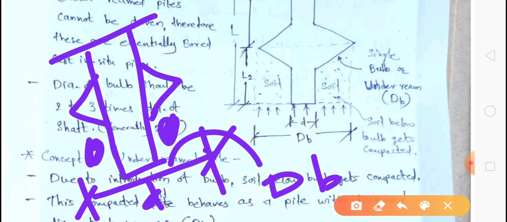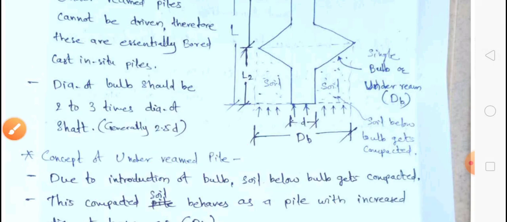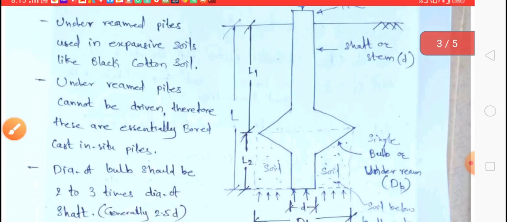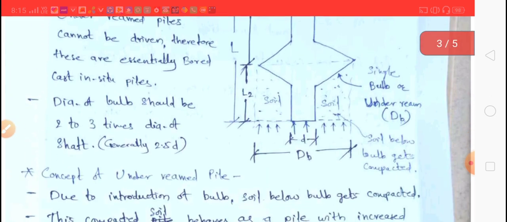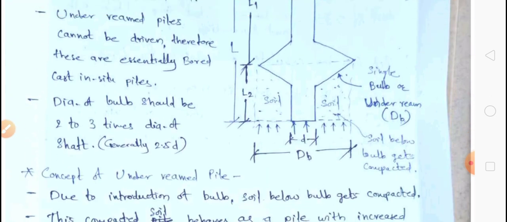Therefore the load carrying capacity of the pile gets increased. Simply provision of this bulb gives you more load carrying capacity. So this is the concept of under rim pile.